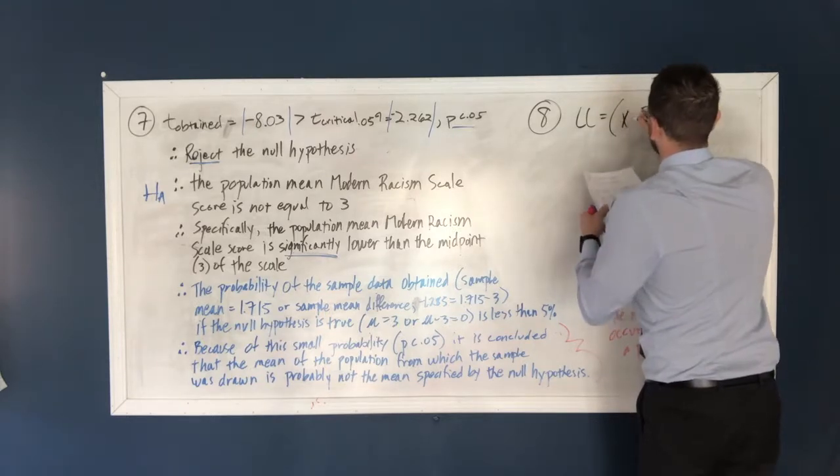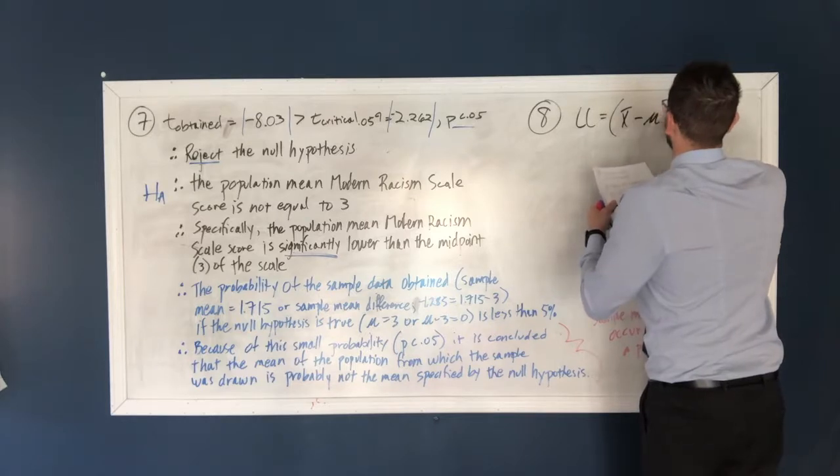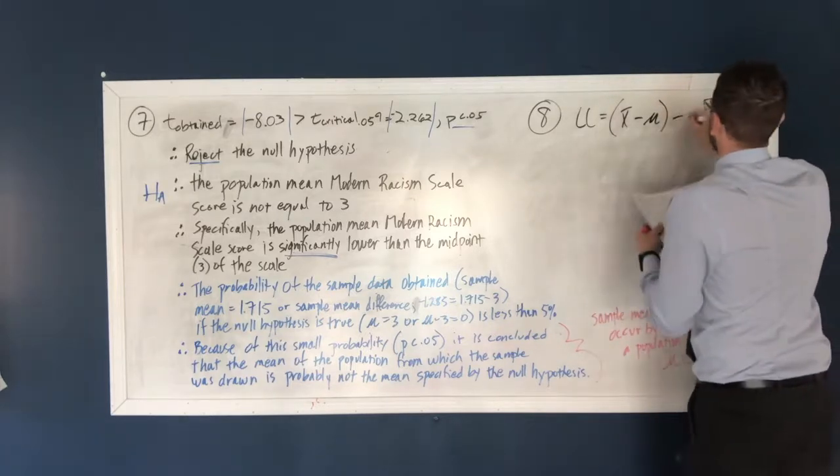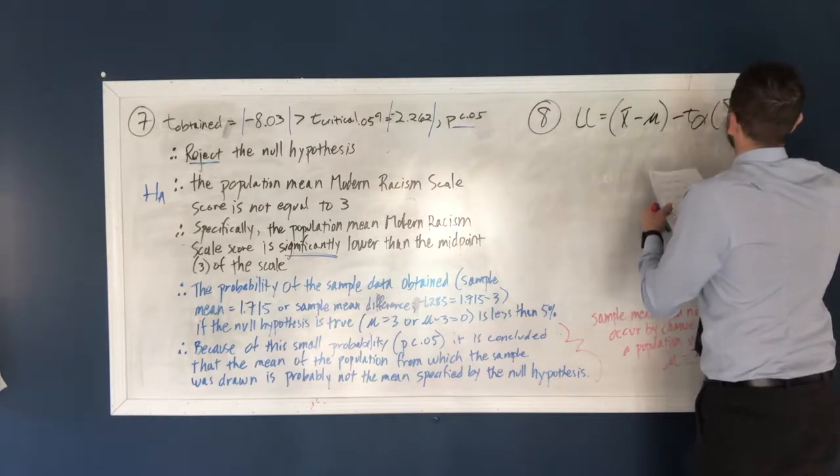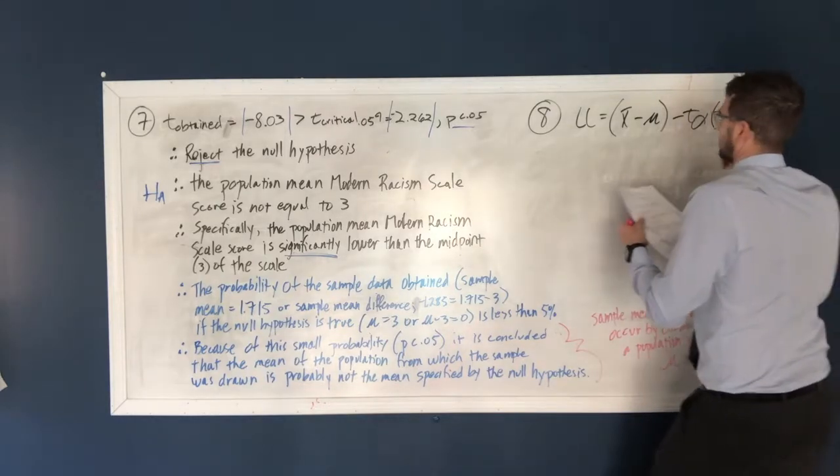Lower limit, okay, sample mean, minus the hypothesized value, minus the t-critical multiplied by the standard error.